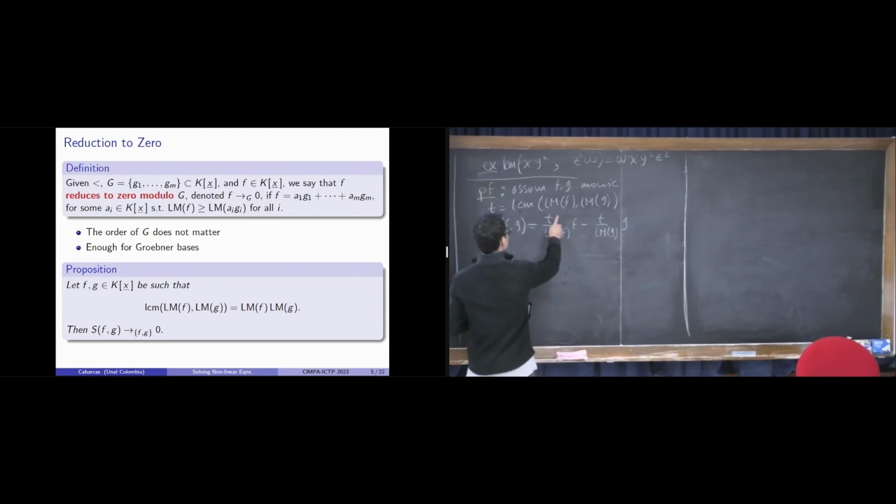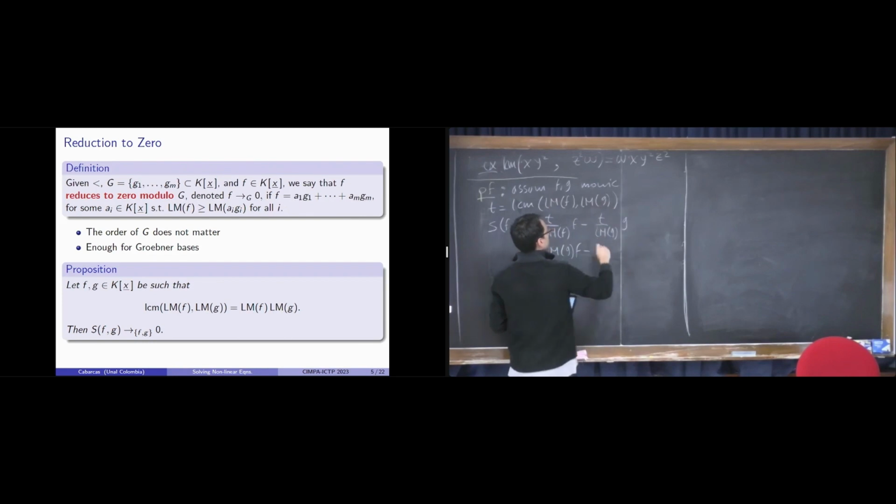But because we're assuming that they are relatively prime, the least common multiple is just the product of the leading monomials. So this t is the product of the leading monomials, and therefore what we're multiplying by here is simply the leading monomial of g, and this is the leading monomial of f.